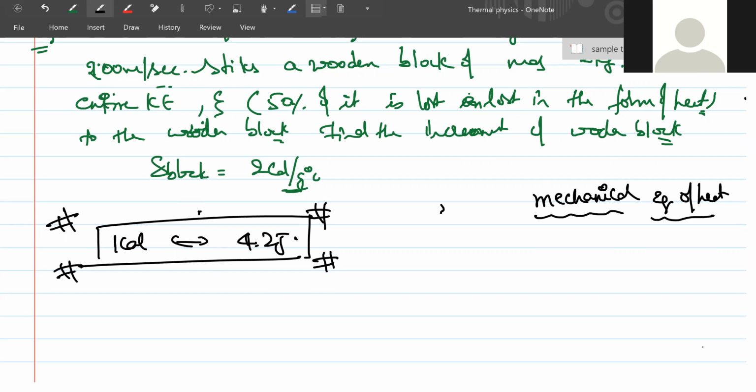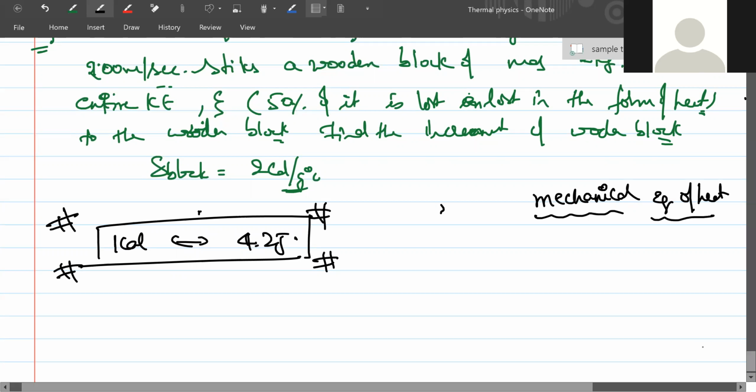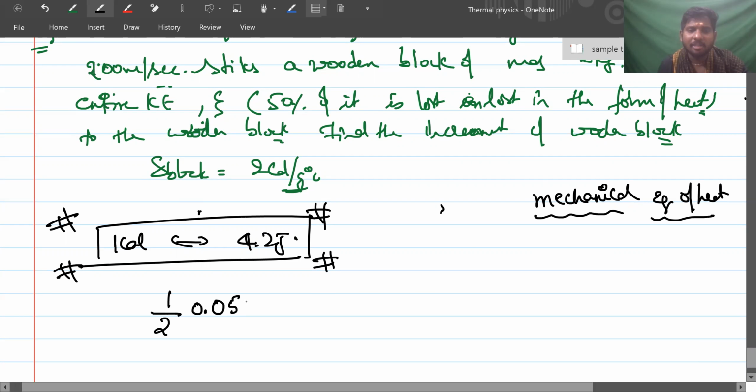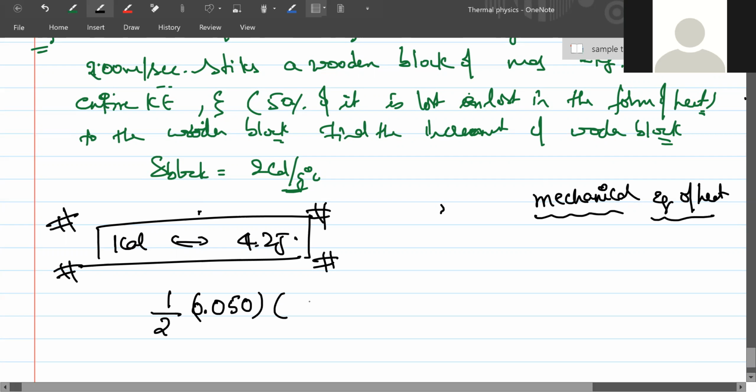Heat gained by the block is what? m s delta theta, right? Then can you find out the rise in temperature of the block now? We can find out. The equation is half into m, which is 50 grams, 0.050 kg, into v squared, that is 200 meters per second, 200 squared.